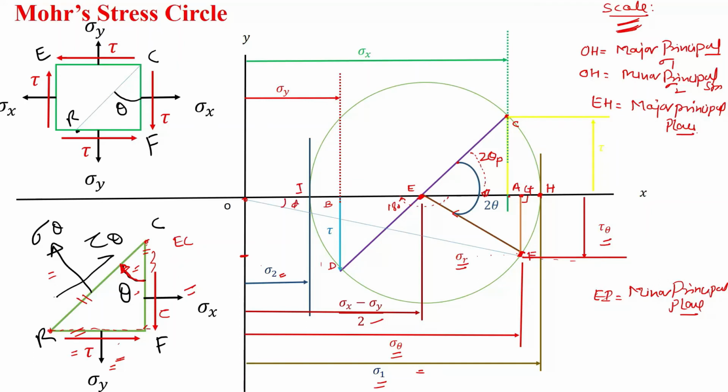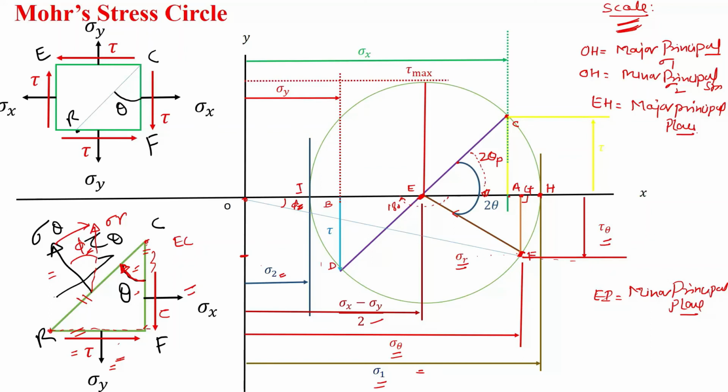If this is our tau theta, then we can find sigma r, and from here we can measure the angle of the resultant stress with sigma theta. By measuring the distance OF, we can find the resultant stress at the inclined plane.